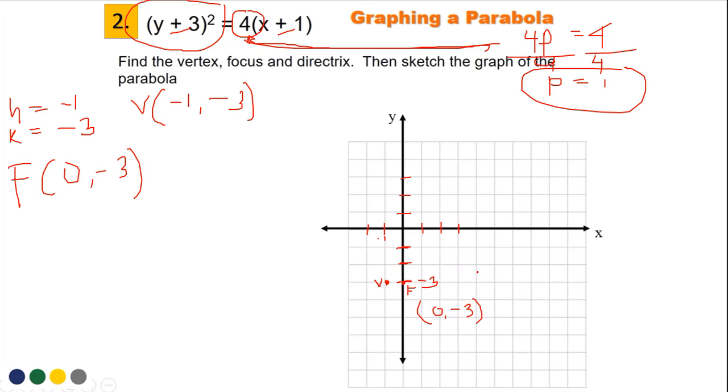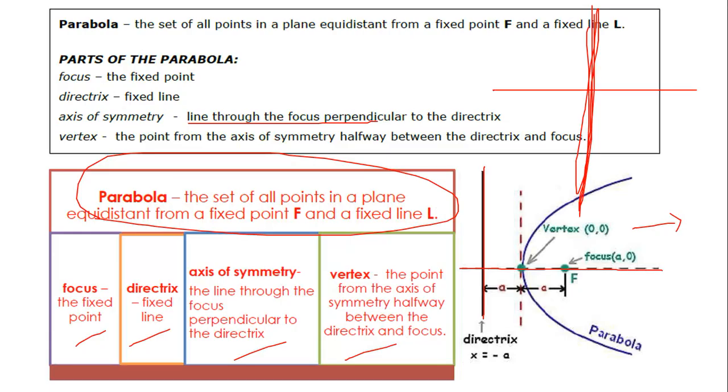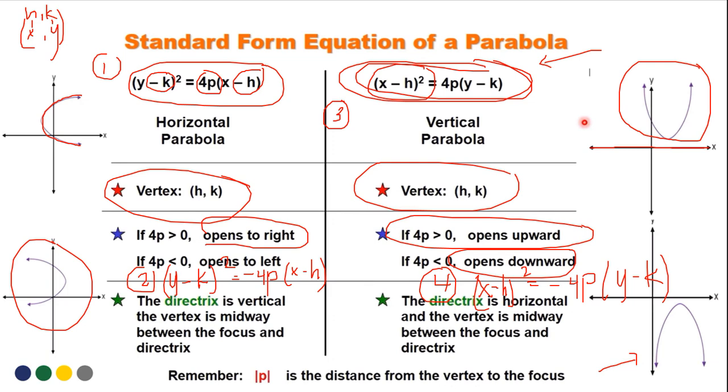Sir, pag magbibilang ka po nung sa focus, mag-uumpisa ka lagi sa vertex. Palagi naman. Okay, sir. Palagi. Kasi nga, sabi niya dito, the directrix is horizontal and the vertex is midway between focus and directrix.